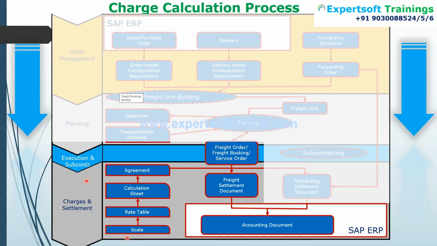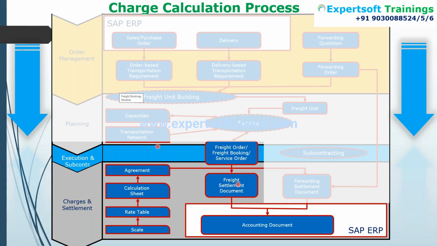So this information will be given here. The total weight will be in the freight order, and based on this agreement and the values I agreed, and whatever I have in the freight order as a transaction value, that times 3 rupees will be converted into my total charges. After calculating the total charges, there is one document that needs to be created, called a freight settlement document, or an FSD.